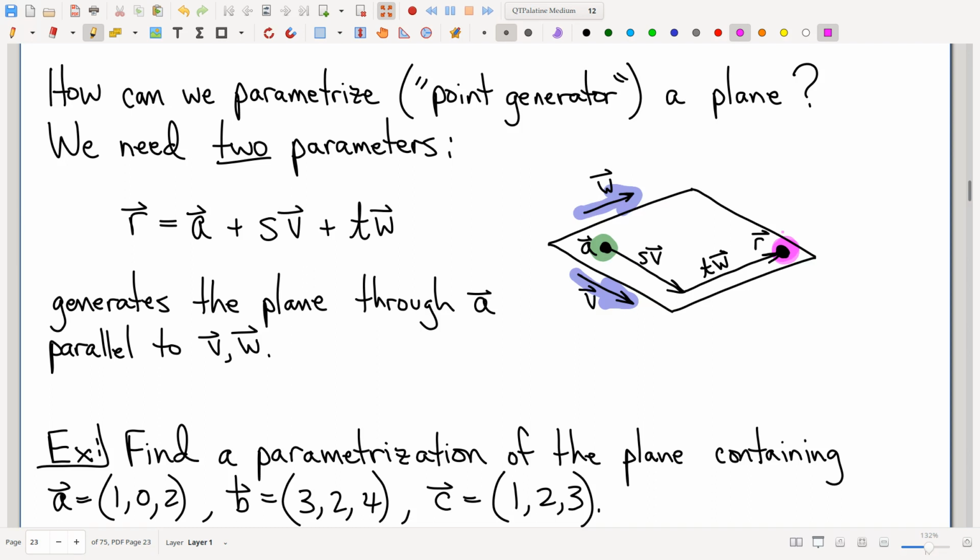But y'all used a construction kind of like this to generate a parallelogram. Just take your starting point and add appropriate multiples of those given vectors V and W, right? And green plus blue will always produce a point on the plane.